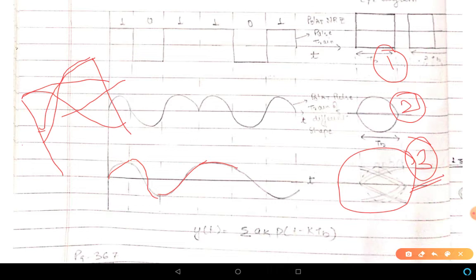In other words, the extent of dispersiveness can be seen from the closure of the eye. The more the closure of the eye, the more the ISI; the more the opening of the eye, the less the ISI. So maximum opening means no ISI, and less opening means there is an effect of ISI. This is one of the important parameters which is clear from this.